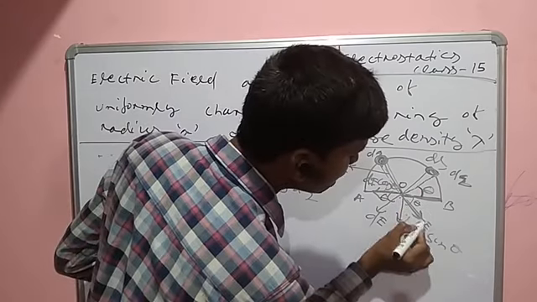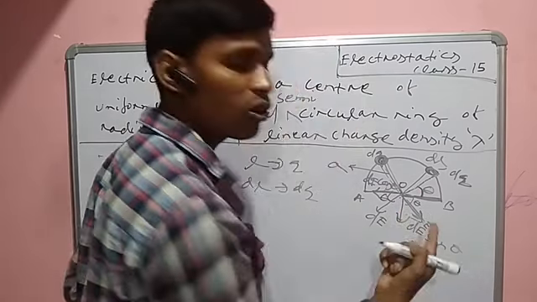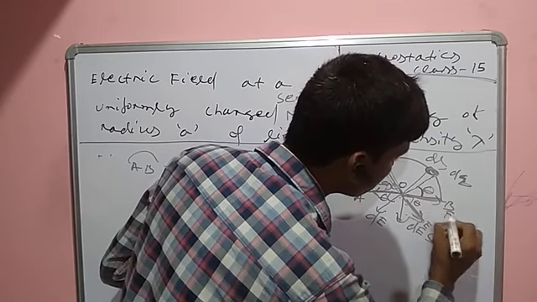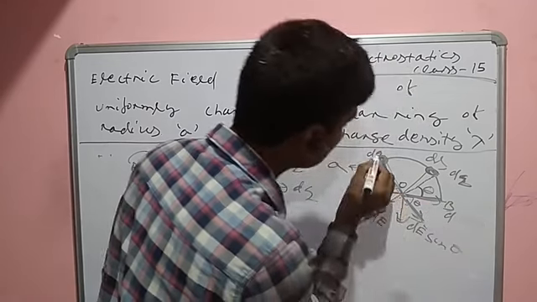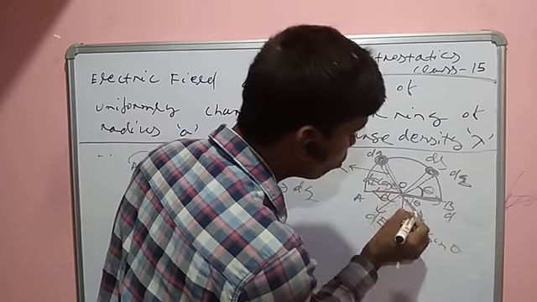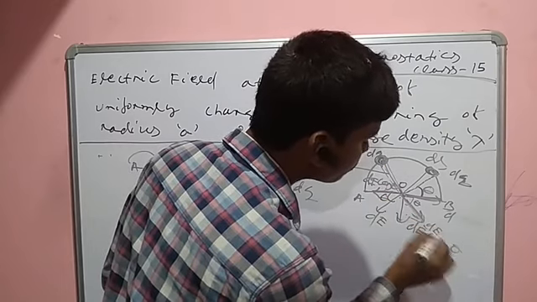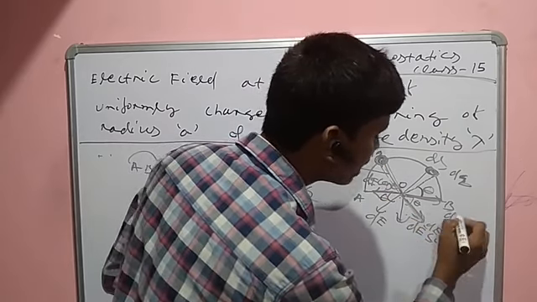Suppose E is in this direction. It also has two components. Due to dq, a field dE is created. This component is dE cos theta, and in this direction dE sin theta.